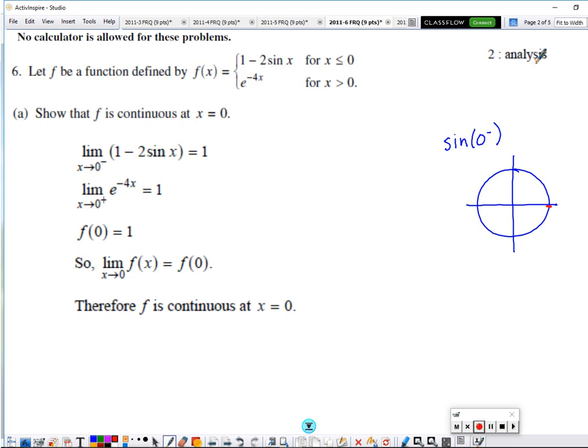Yeah, they want to see those limit statements. I think my best guess would be 1 out of 2. They can see that you're doing the right thinking, but they really want to see that notation. So I think it's 1.